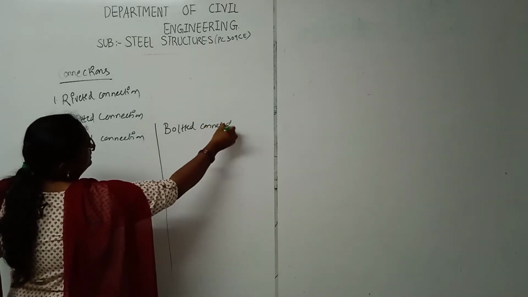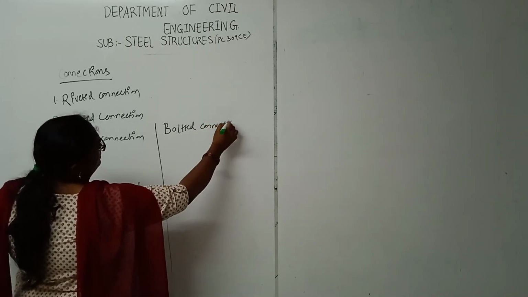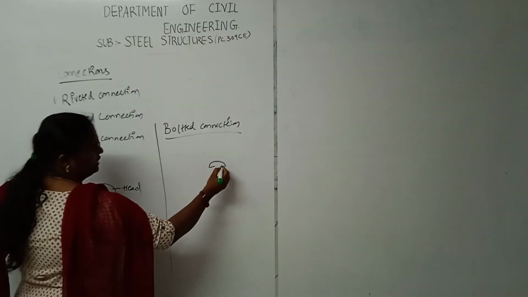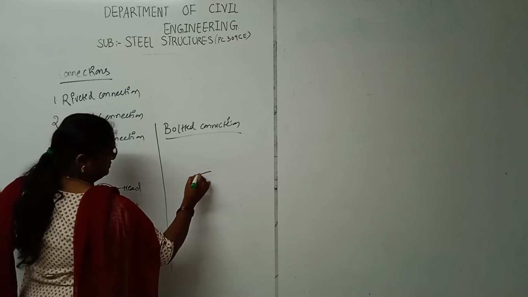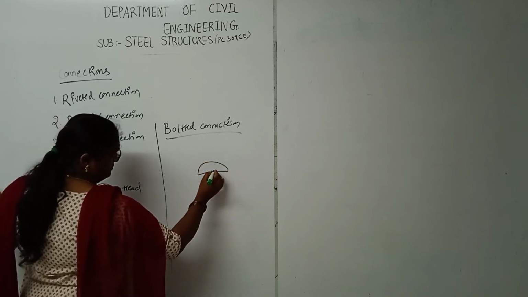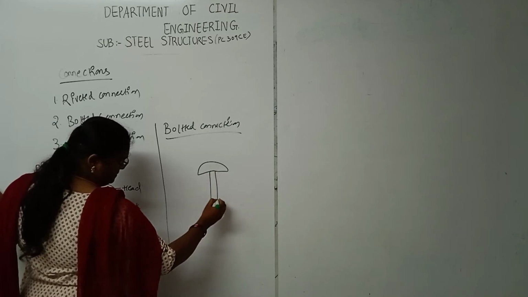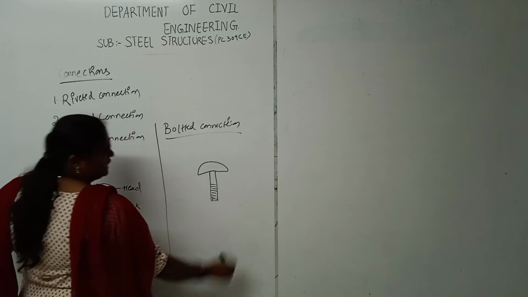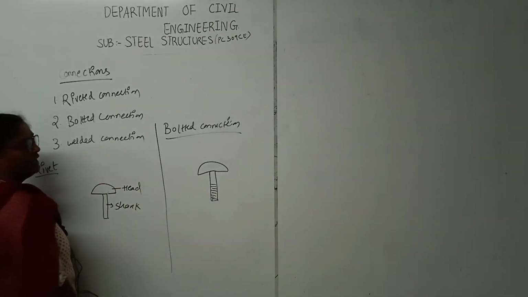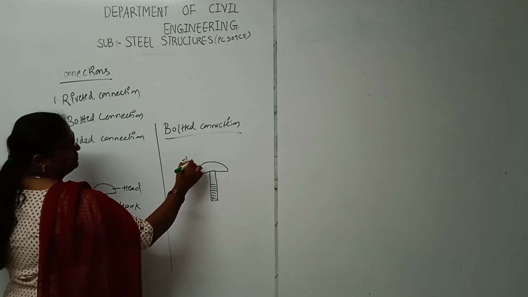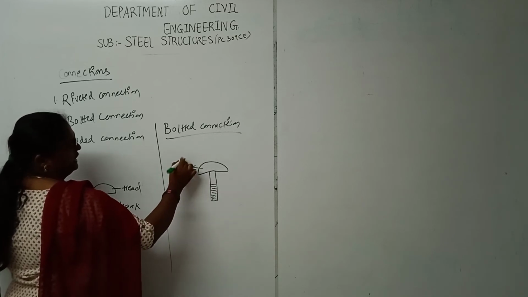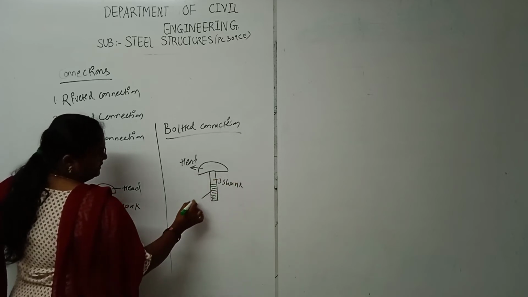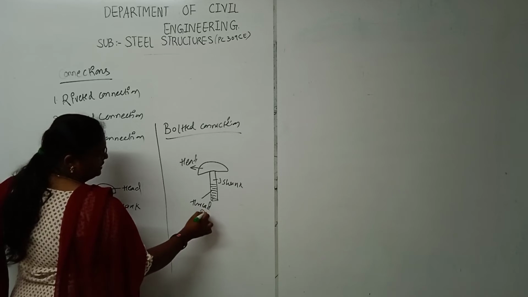In a bolted connection you will be having a head, a shank, and a threaded portion.